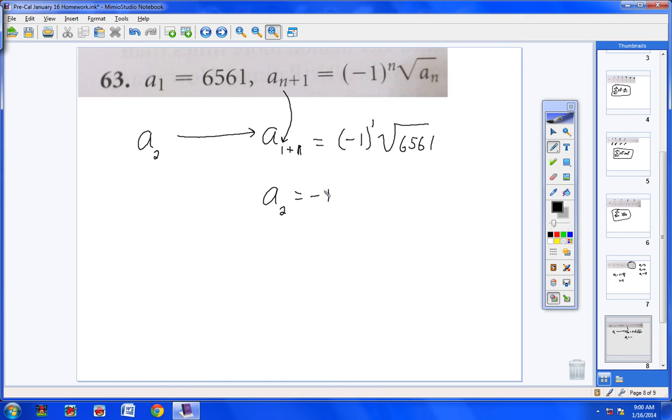And then, let's see here. The square root of 6,561 is 81. And so -1 times 81 would be -81. So your second term is -81.